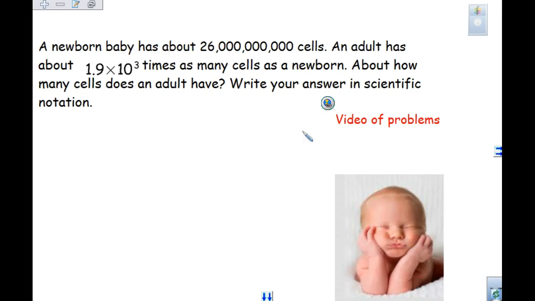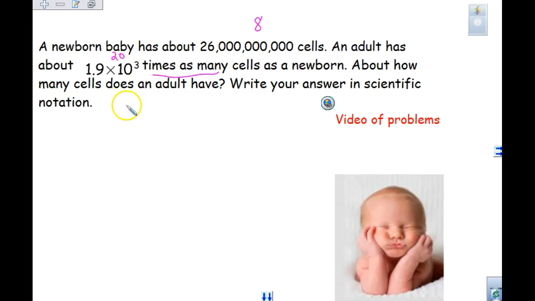So the first question we have to think about is, are we doing add, subtract, multiply, or divide? If I would have told you using simpler numbers, that an infant has 8 cells and an adult has 20 cells. And I say, well, how many cells? The adult has 20 times as many. What would you have done to solve that? You probably would have multiplied.